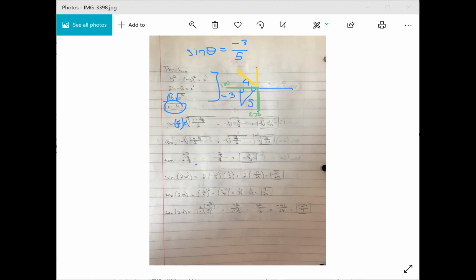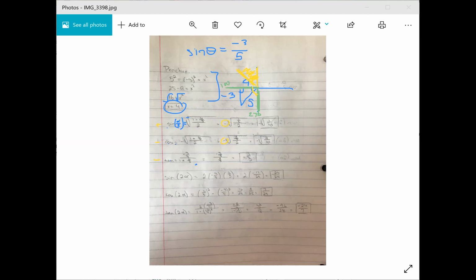So all of these angles are going to fall somewhere around this region here, somewhere into the second quadrant. So you still have all of these angles in the second quadrant. In the second quadrant, you know that sine is positive, cosine is negative, and tangent is negative. So those should be your signs. That's how you can determine whether it's positive or negative.